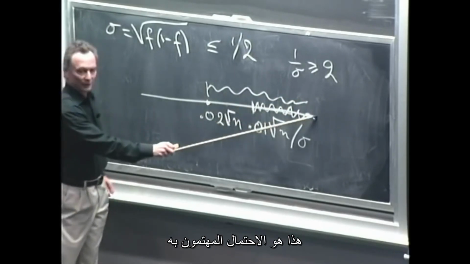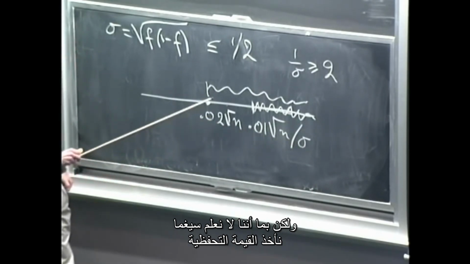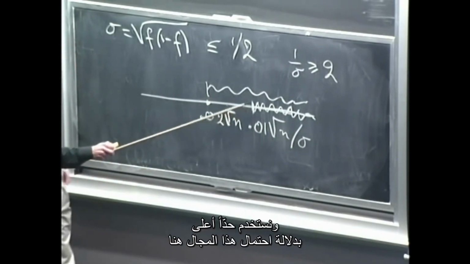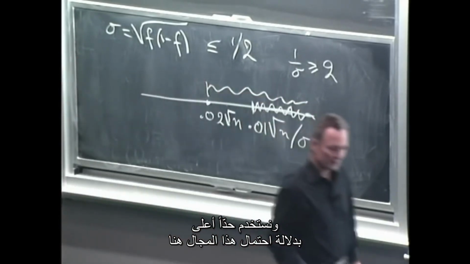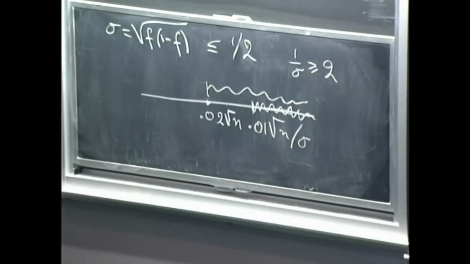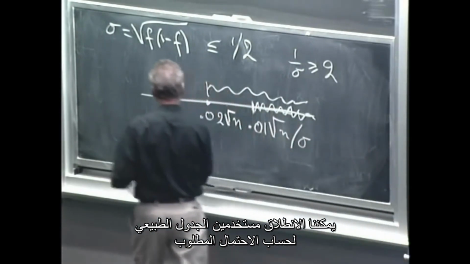This is the probability that we're interested in, but since we don't know sigma, we take the conservative value and we use an upper bound in terms of the probability of this interval here. And now we are in business. We can start using our normal tables to calculate probabilities of interest.